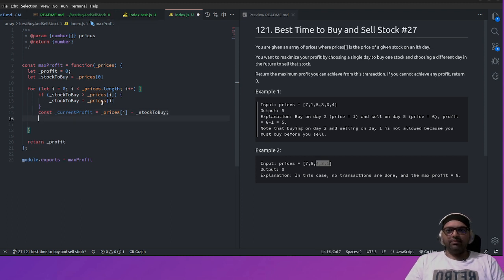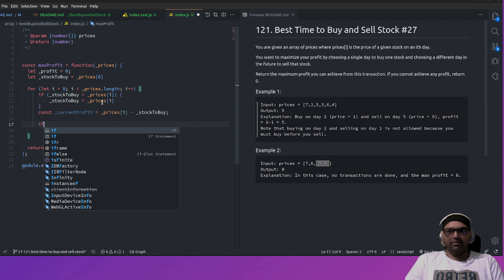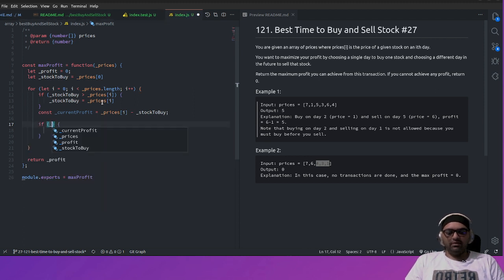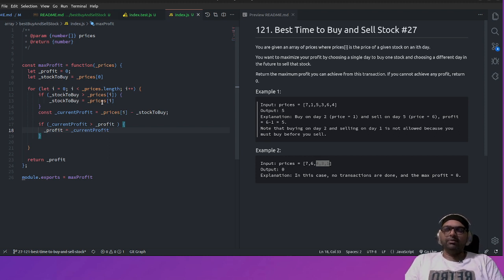Then if _current_profit is greater than _profit, meaning there is a profit, we move ahead: _profit is equal to _current_profit. That is how the profit goes on and how the understanding goes.